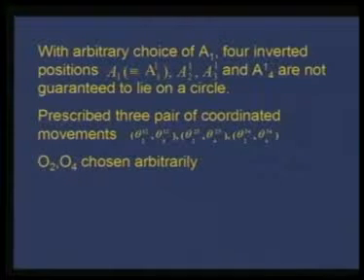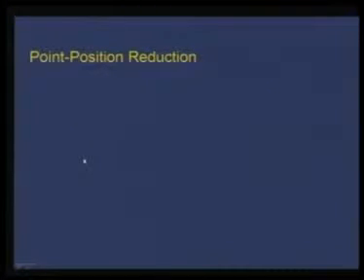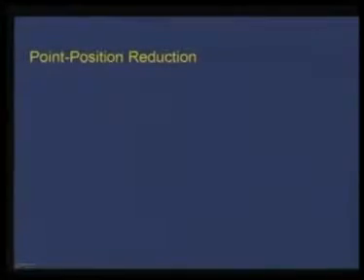As just said, I cannot choose A1 arbitrarily anymore. So we choose O2 and O4 arbitrarily, because those are the fixed pivots. We choose them at a convenient location on the frame of the fixed link. The method that we are going to adopt is known as point position reduction, such that the 4 inverted positions of A1 become only 3 distinct locations, not 4 distinct locations.